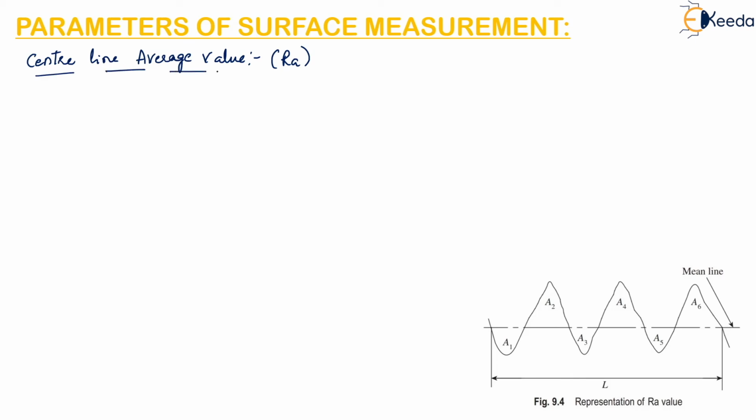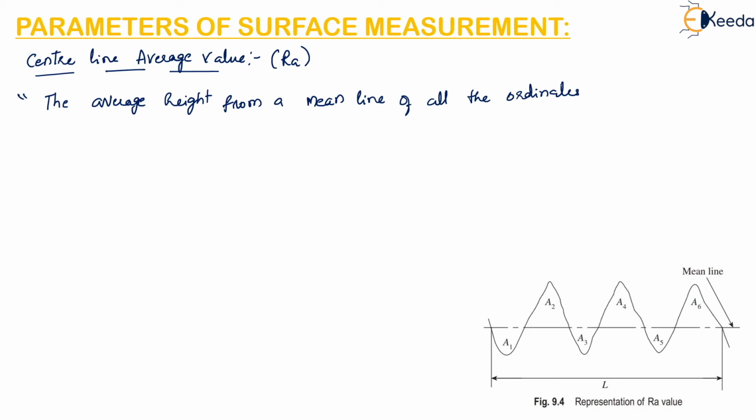It is defined as the average height from a mean line of all the ordinates of the surface regardless of its sign.